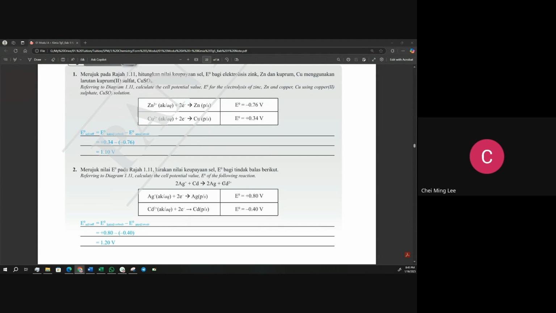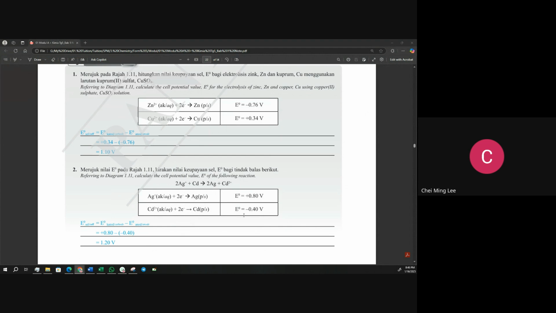The higher its positivity, the more it is the cathode. For this one, we just refer to this. Both of these are receiving electrons, so it means they are extracting electrons from the solution, so we cannot compare here.